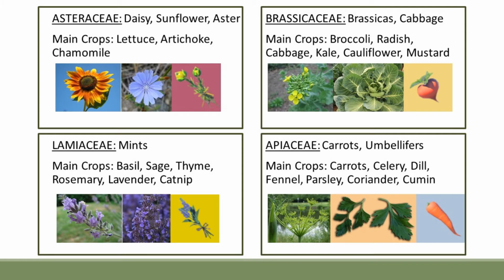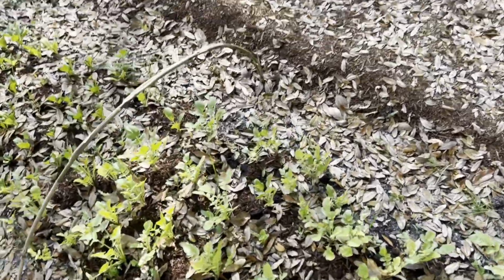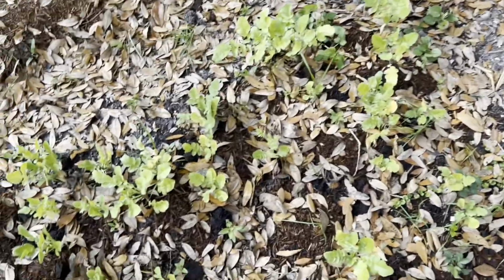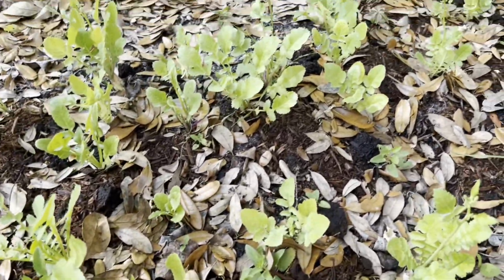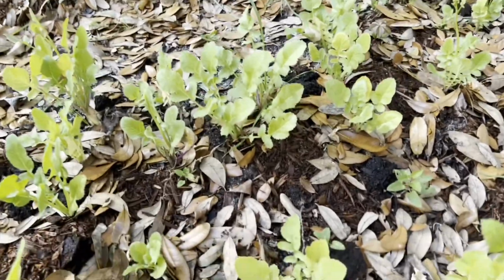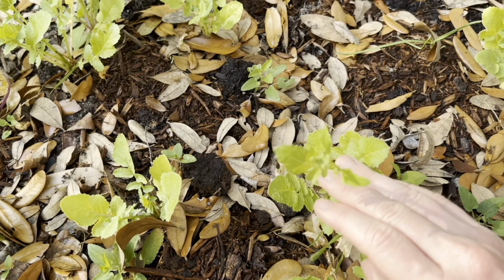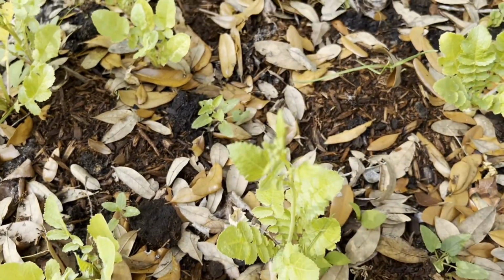All right, so take a little walk around the garden here and look at some members of the Brassicaceae family, and this one is a radish, so that's Raphanus sativus.